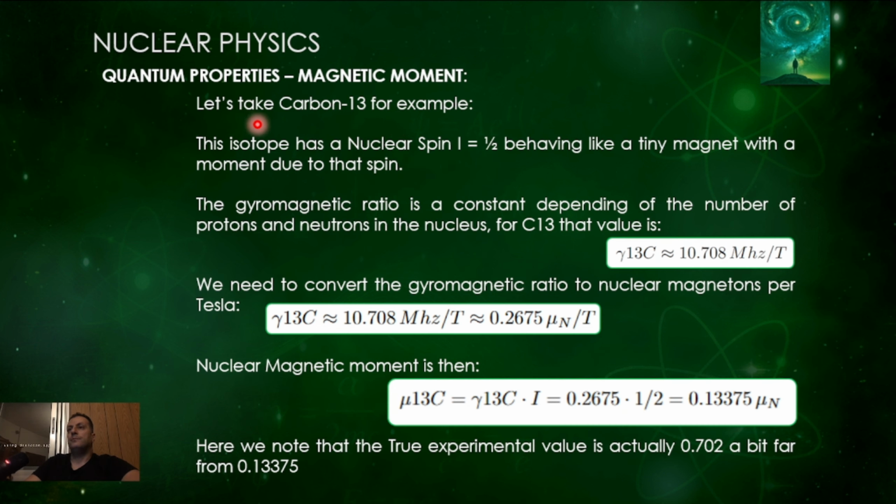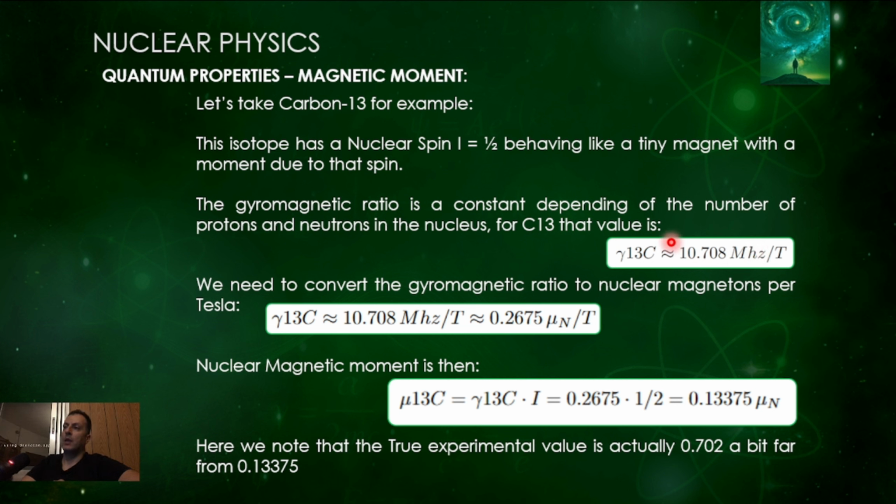All right. Let's take carbon-13 for example. This isotope has a nuclear spin I equal to 1/2, behaving like a tiny magnet with a moment due to that spin. Now the gyromagnetic ratio is a constant depending on the number of protons and neutrons in the nucleus. For C13, that value is gamma 13C, 10.708 megahertz per Tesla.